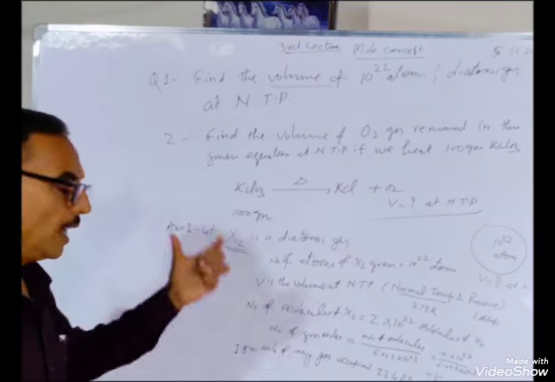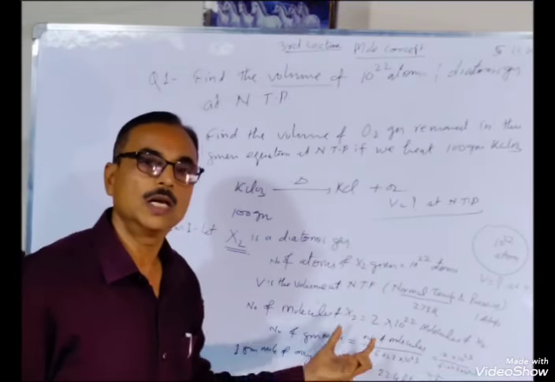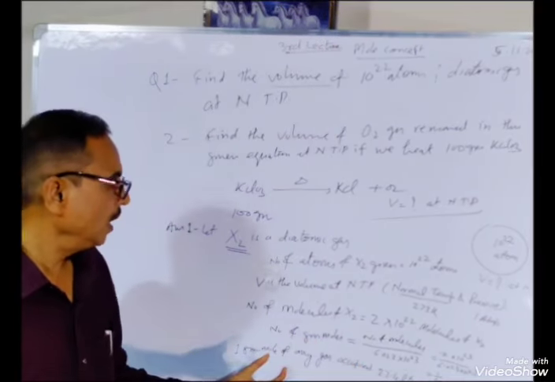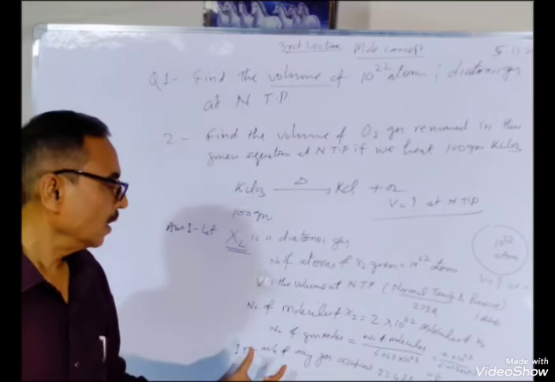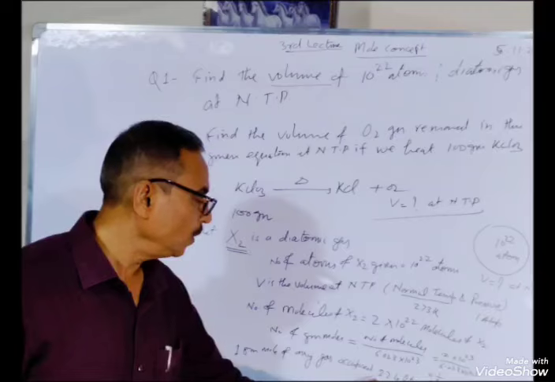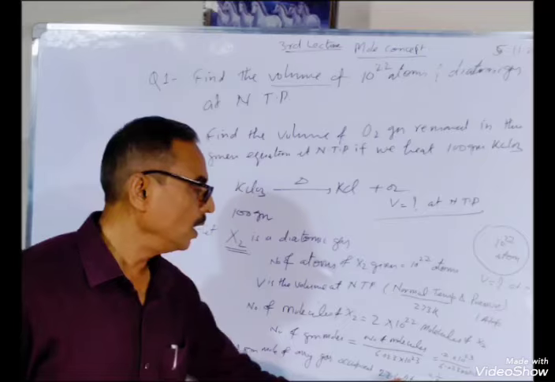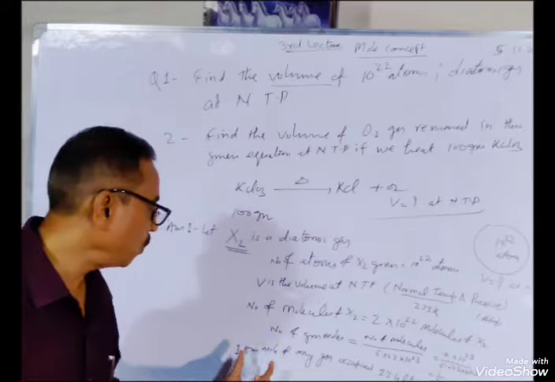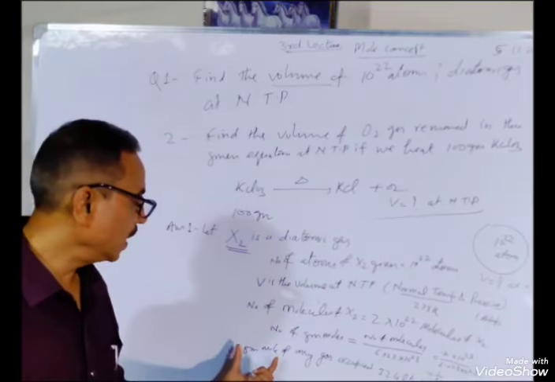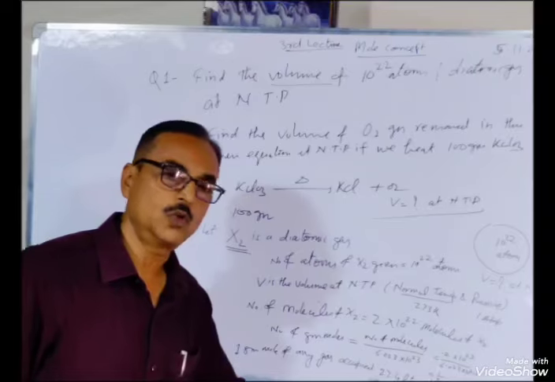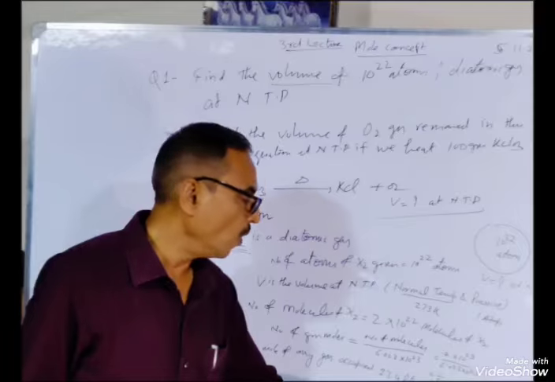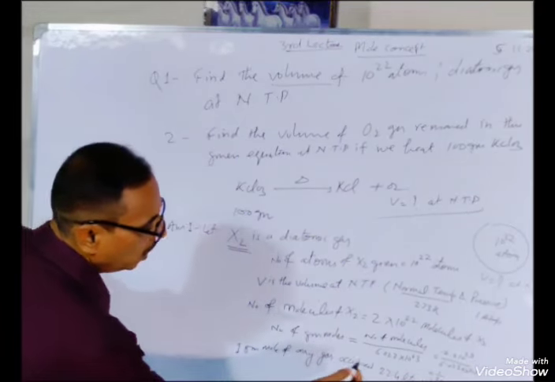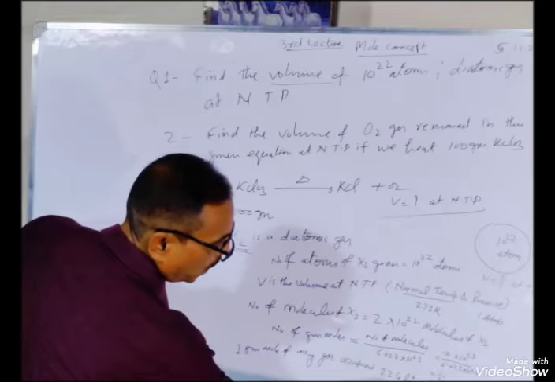It means any gas, it may be hydrogen, helium, oxygen, sulfur dioxide, any gas occupies 22.4 liter volume at NTP if we take 1 gram mole. So here 1 gram mole is equivalent to 22.4 liter.